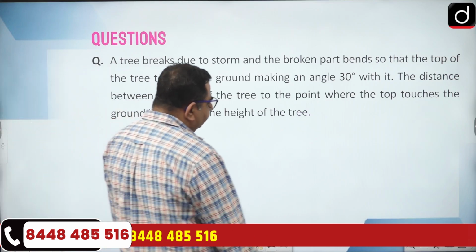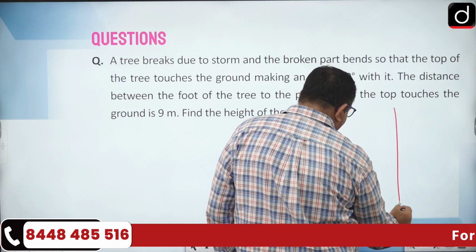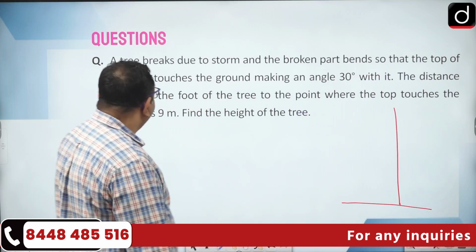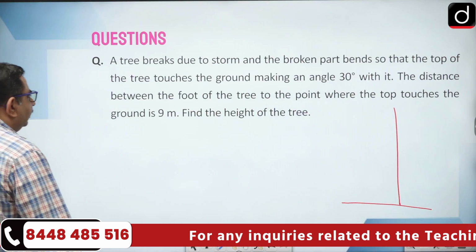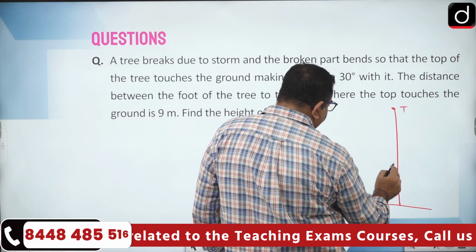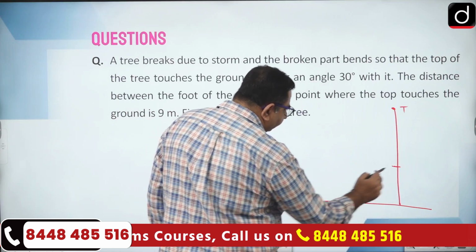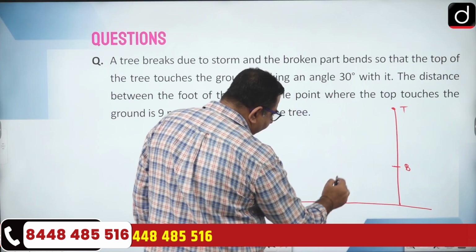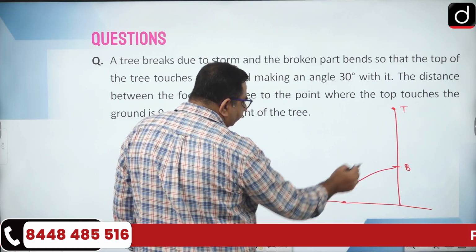So let's say this is the total tree. It breaks due to the storm and bends so the top of the tree touches the ground. Suppose this is the top of the tree T, and it breaks from here, at point B. So this point T will touch the ground, and that will be the position.